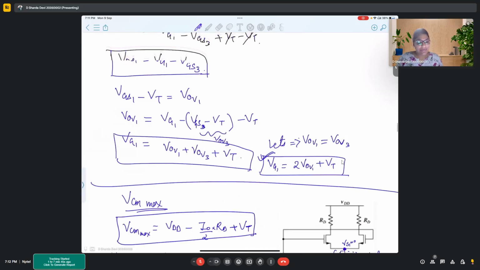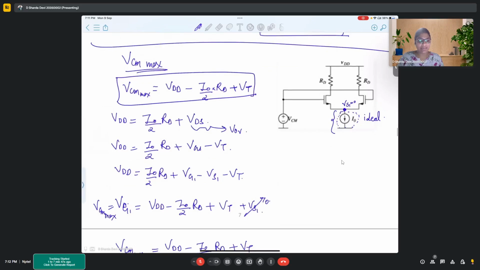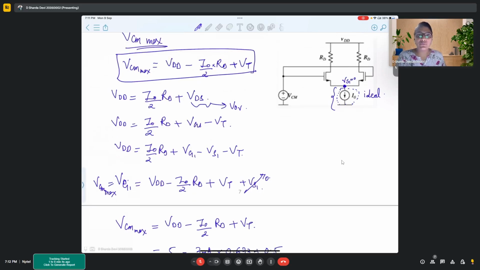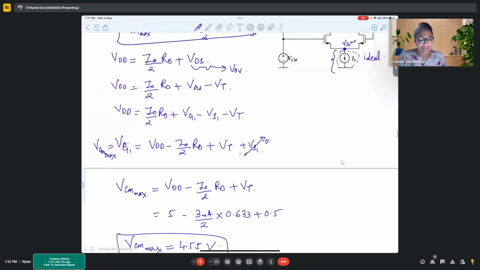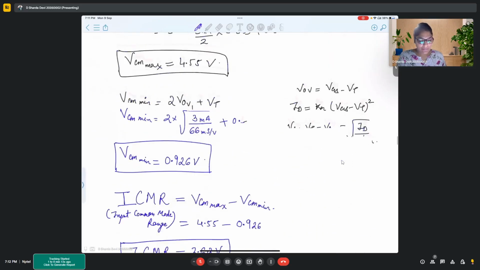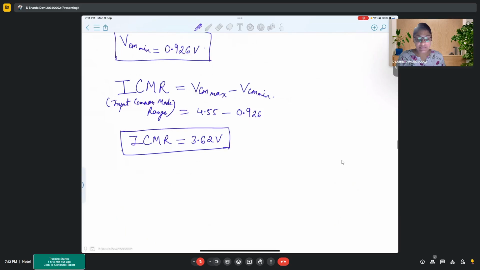First of all, while designing, from a practical perspective, you know that the threshold voltage of your transistor is fixed, but you can decide on your overdrive voltage. So overdrive voltage is in your hands, and based on your overdrive voltage, your VDS will depend. So from there, you can analyze. Is this clear how we found this ICMR?